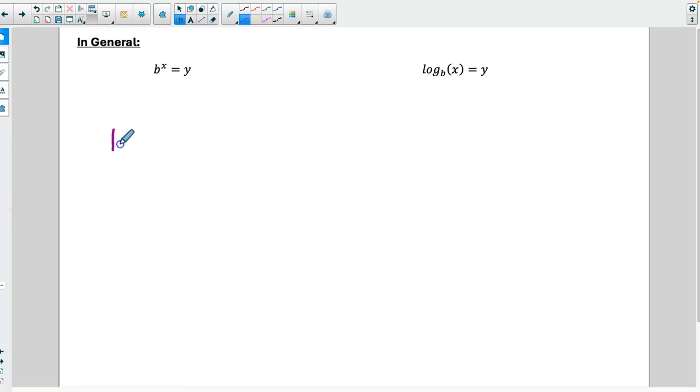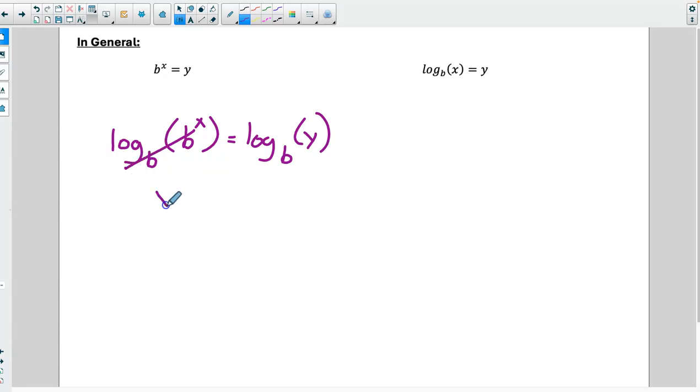B. So I'm going to have log base b, and then I'm going to have b to the x, and on the other side, I'm going to have log base b of y. So what happens, the b's cancel with the log, and I get x equals log base b, argument y. So I've changed forms.